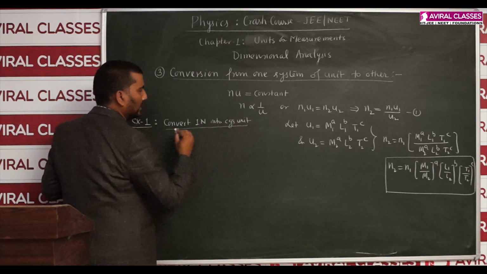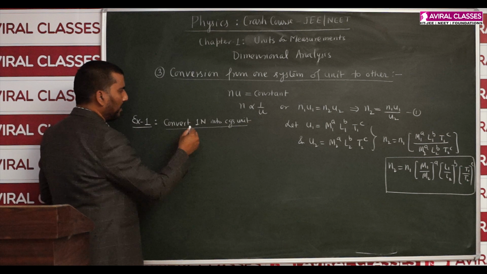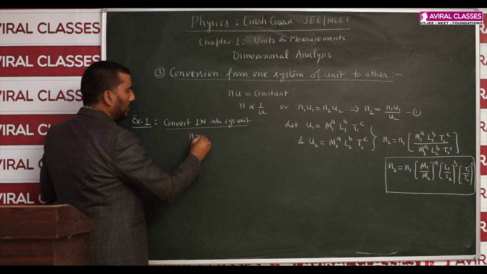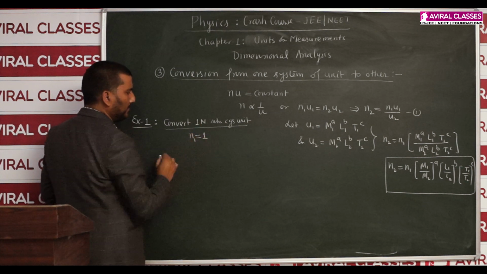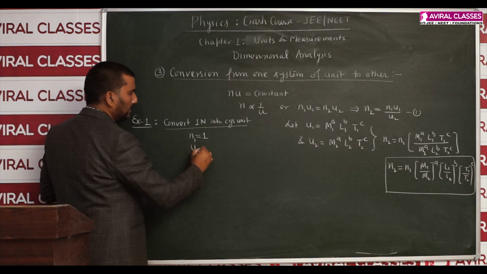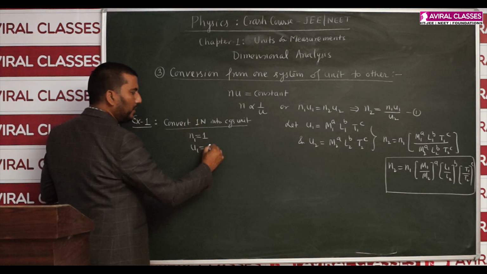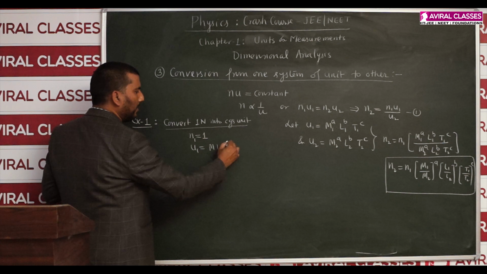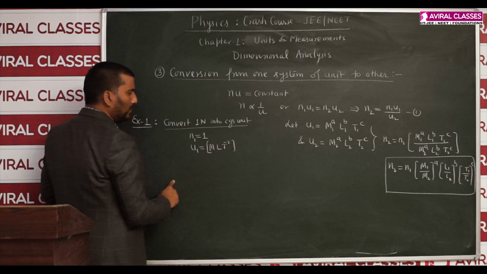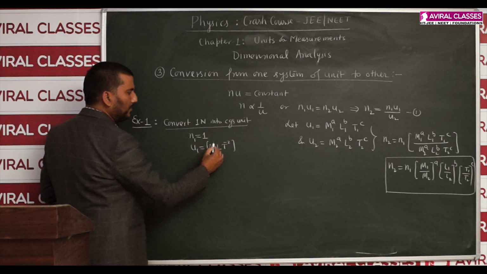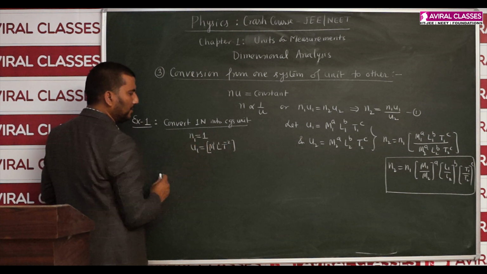So consider this example only. Numerical value is 1. The unit is Newton. Newton is M L T to the power minus 2. So a is 1, b is 1, and c is minus 2.